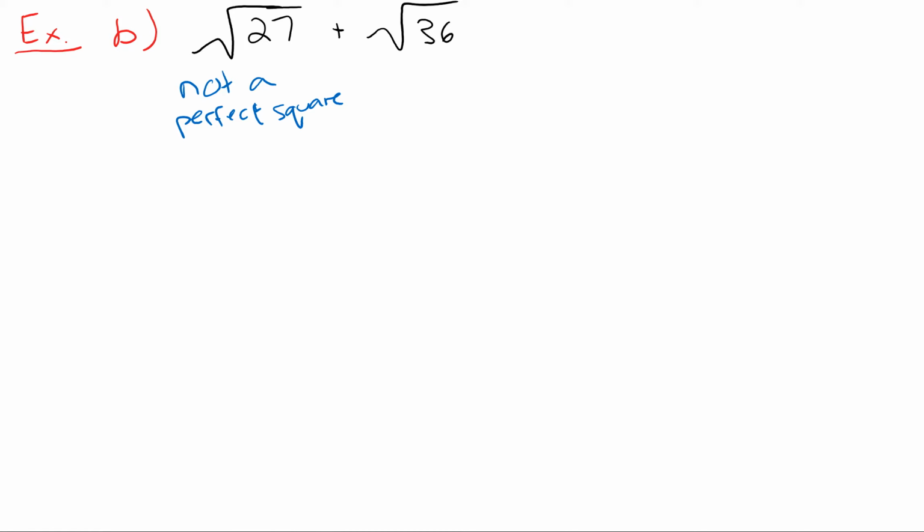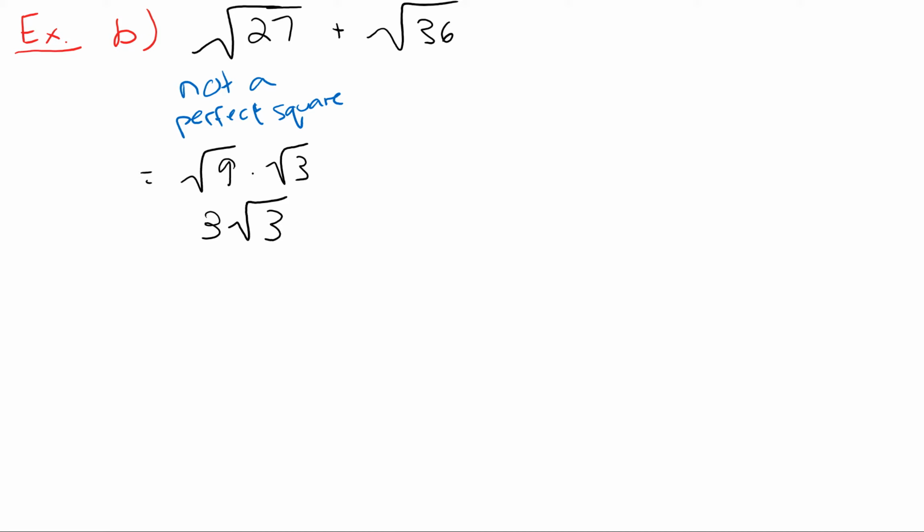So we can write root 27 as root 9 multiplied by root 3, and then if we simplify root 9, we get 3 times root 3. So now we finished the first part of simplifying this expression. Now we want to move on to the second part. So we're going to go back to root 36 and we're going to see, is this a perfect square? And actually our lives are very simple with this question because it is indeed a perfect square.